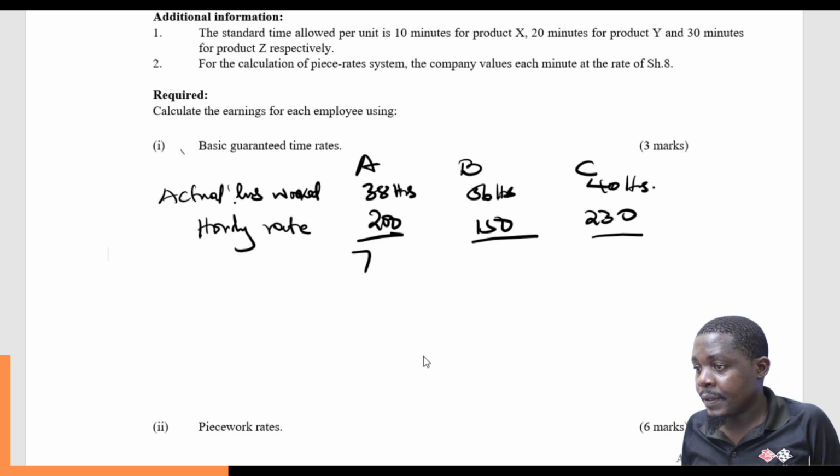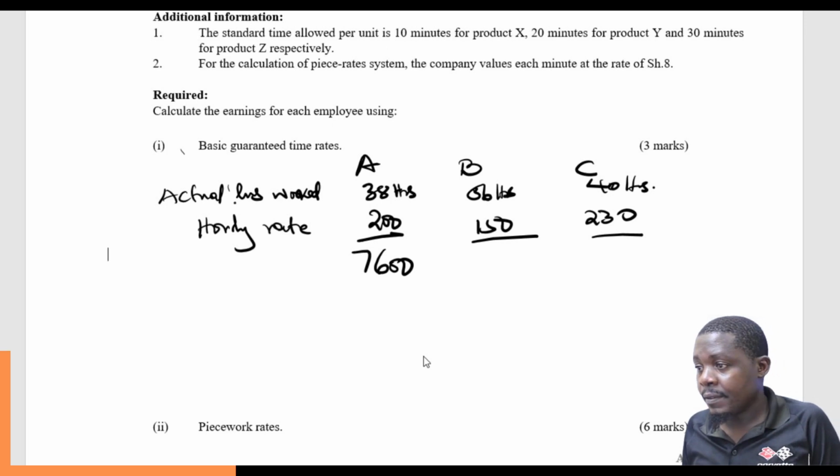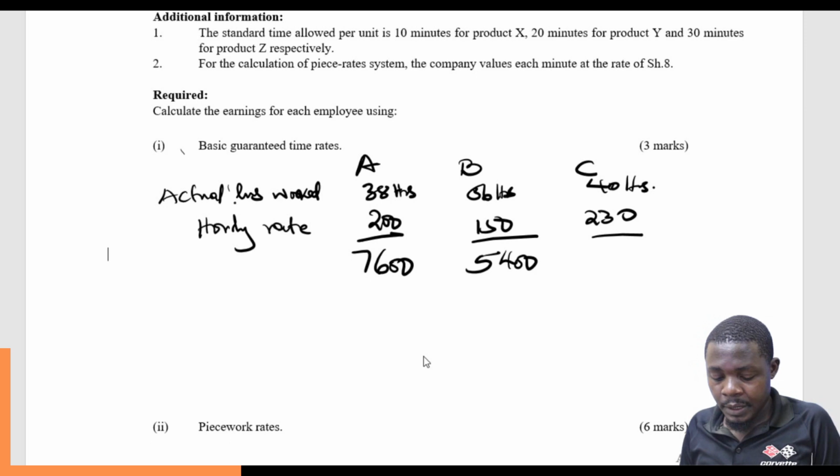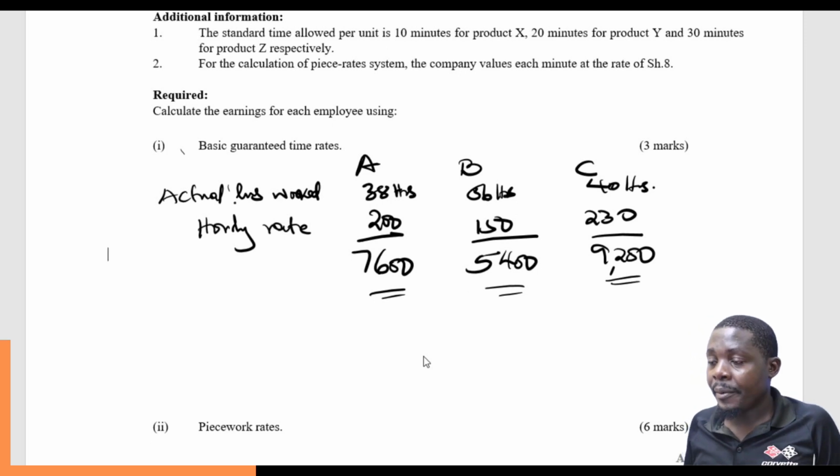Then 36 multiplied by 150, we have 5,400. Then 40 multiplied by 230, we have 9,200. That is the basic guaranteed time rate for those particular employees.